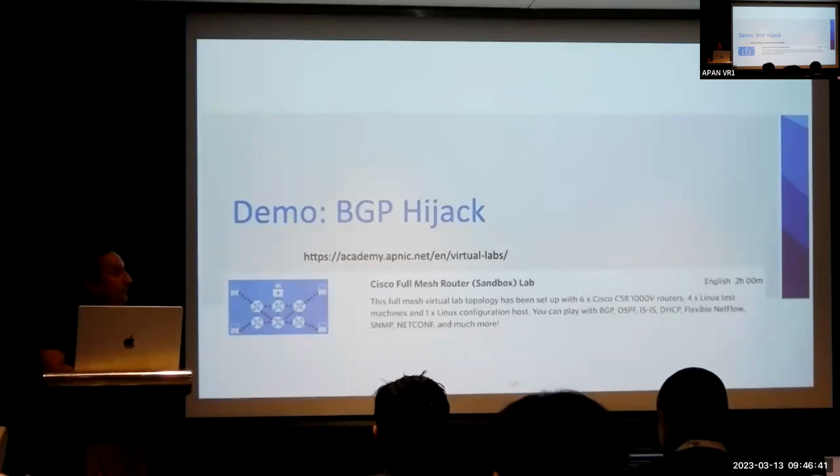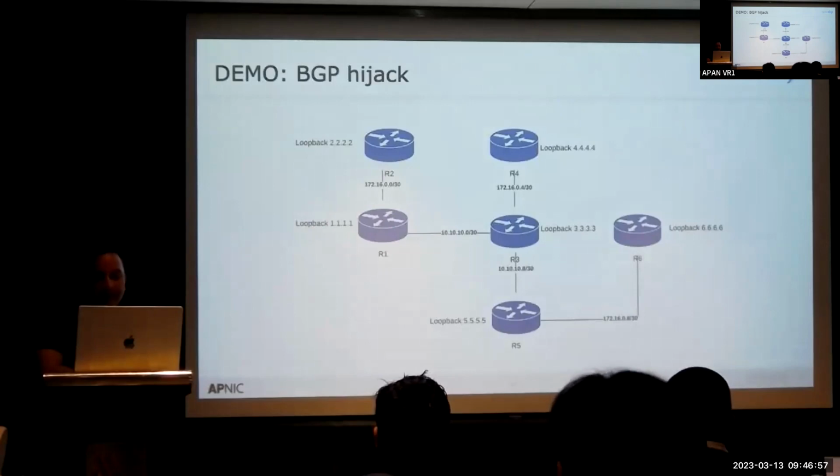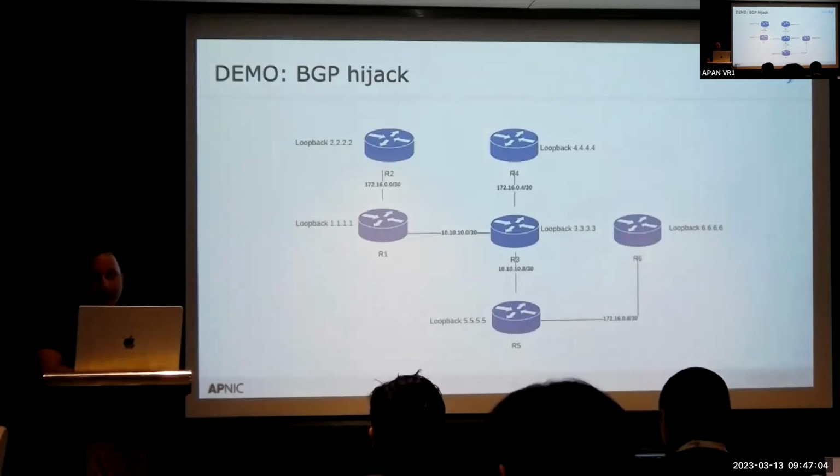So I was talking about a demo on BGP hijack, right? So basically, this is the kind of topology I have over here in one of my virtual labs, right? And there are 1, 2, 3, 4, 5, 6 routers here, and every router has its own autonomous system number, right?